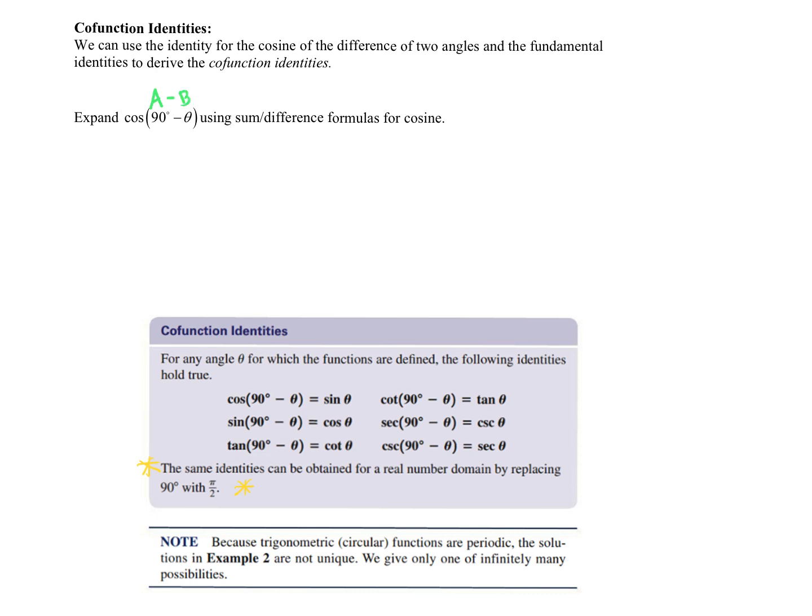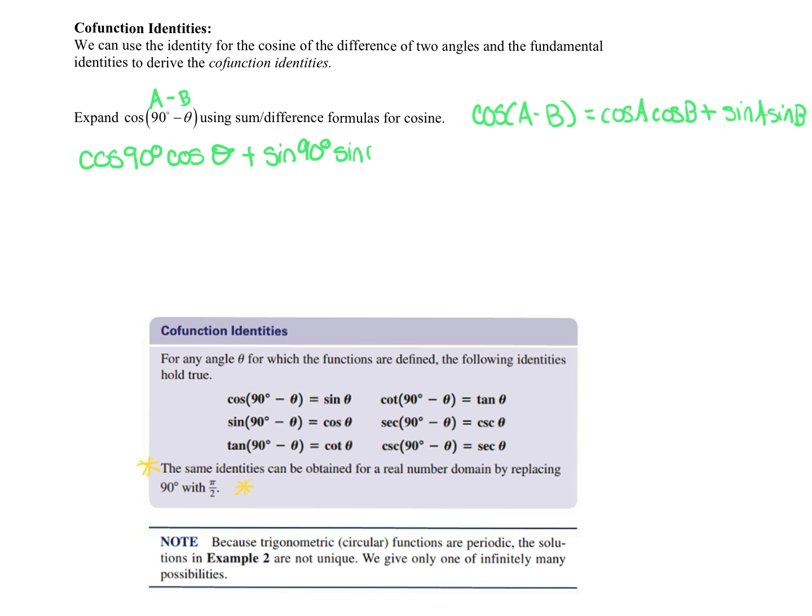So cosine of A minus B equals cosine A, cosine B, plus sine A, sine B. So if I plug in what I have, cosine of 90 degrees, cosine of theta, plus sine of 90 degrees, sine of theta.